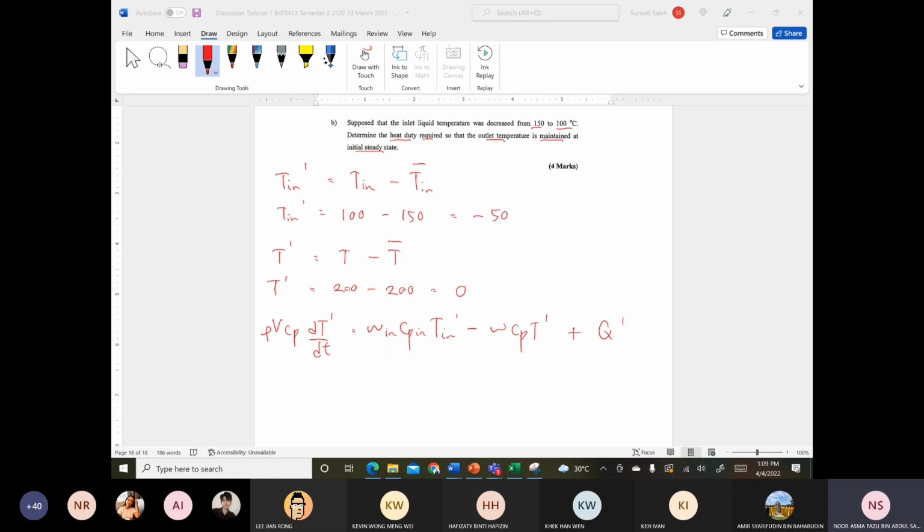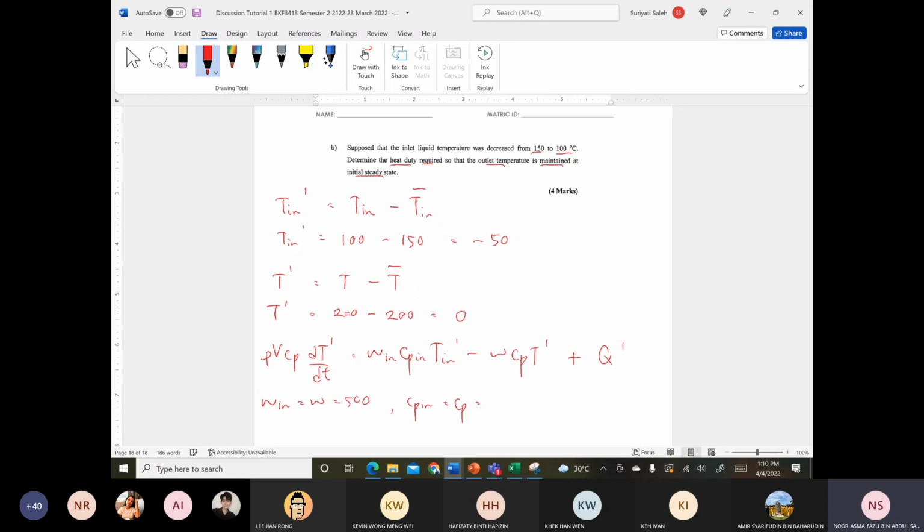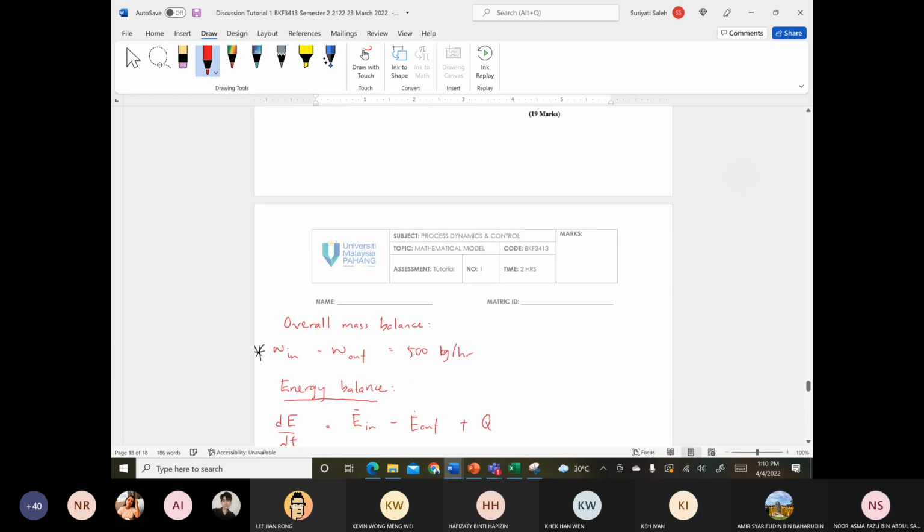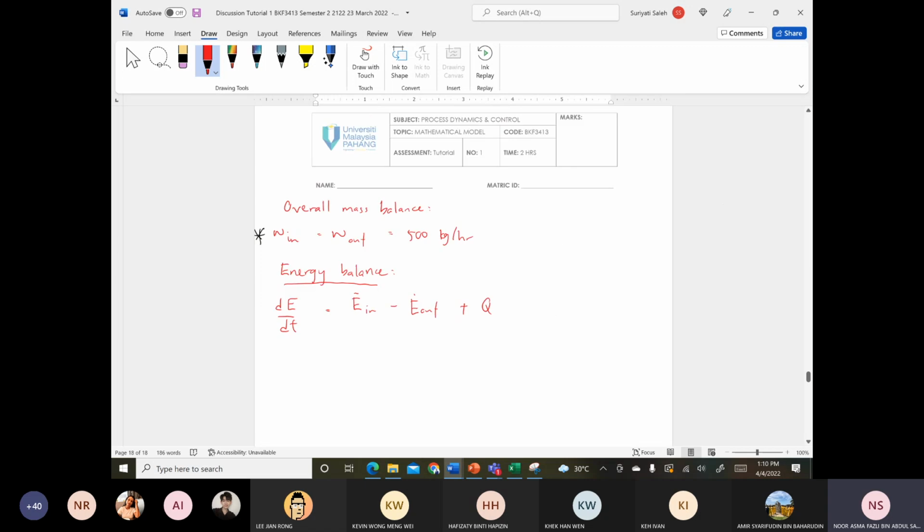So in this case, for example, let's say here W in is equal to W equal to 500. The Cp in we can also assume is similar to the Cp. So the Cp in this case is 5.